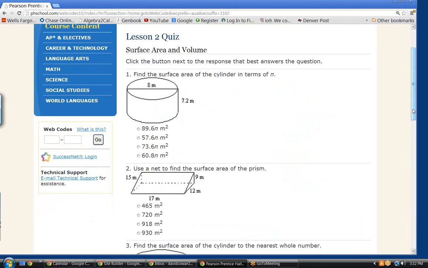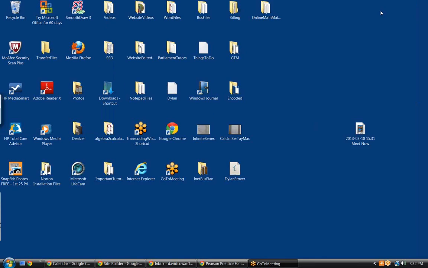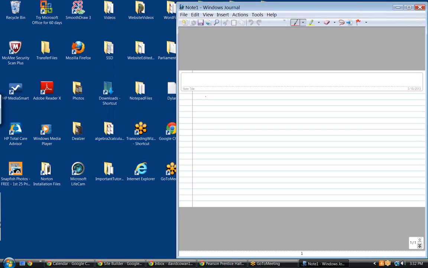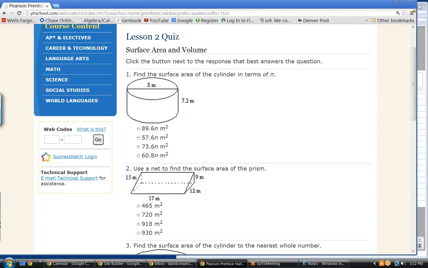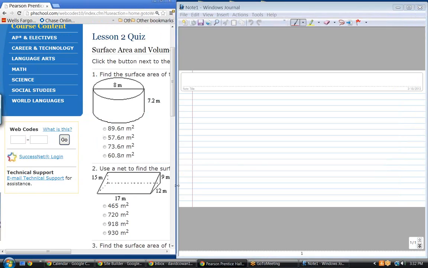All right. Surface area is the outside area. Now, a cylinder, I'm trying to figure out the best way to explain this.